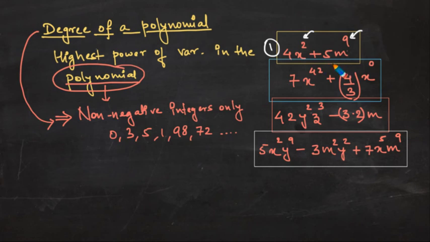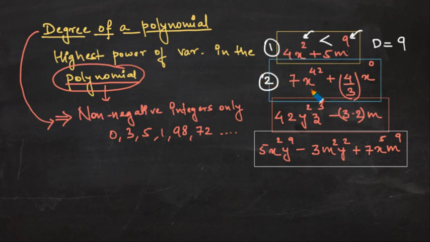So irrespective of what the variable is, and they can be totally different variables, we only have to focus on the powers. Obviously 9 is greater than 2, which means the degree of this polynomial is 9, the highest power.